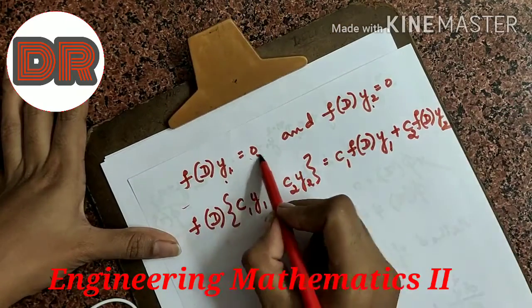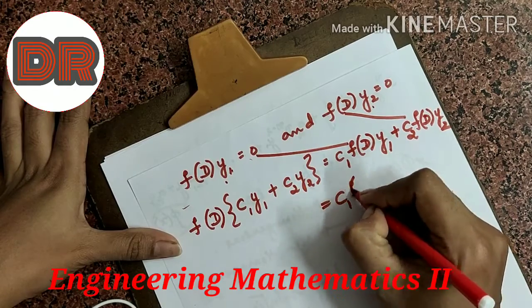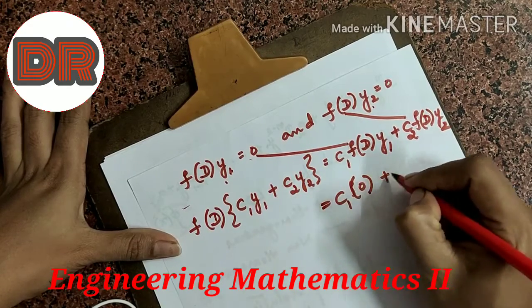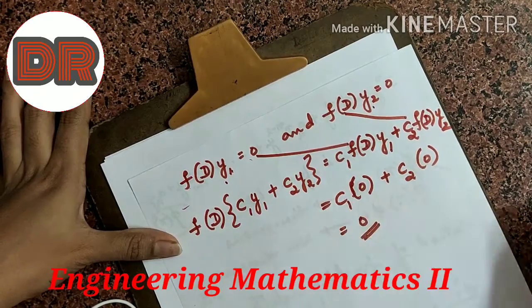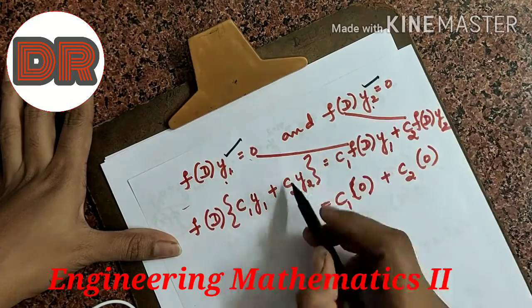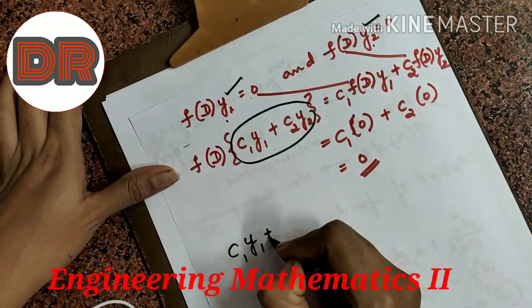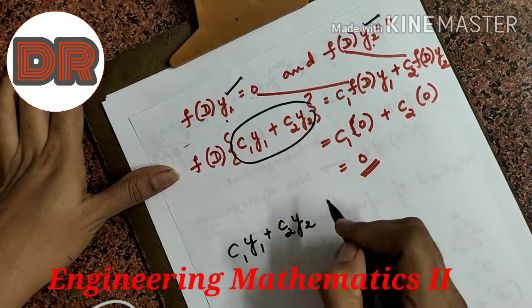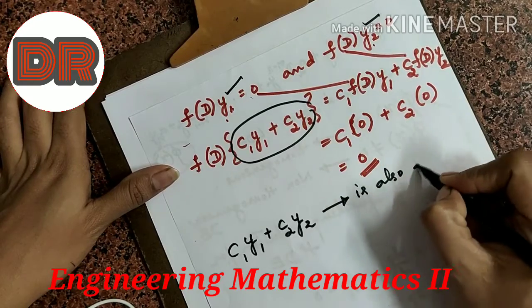Now from these two I can write c1 into 0 plus c2 into 0. So this also gives us 0. So we can say that y1 is a solution, y2 is also solution, and this, that is c1 y1 plus c2 y2, is also solution.